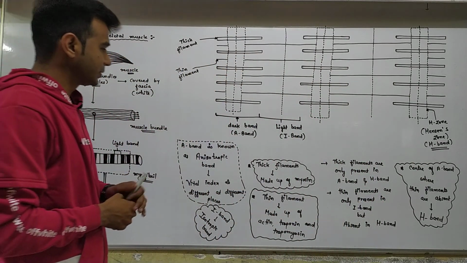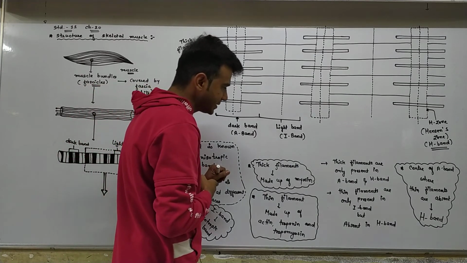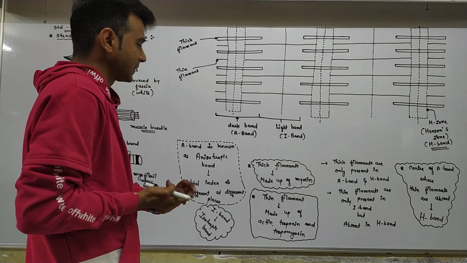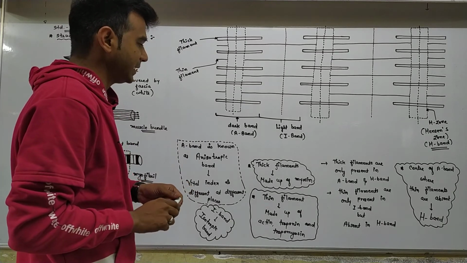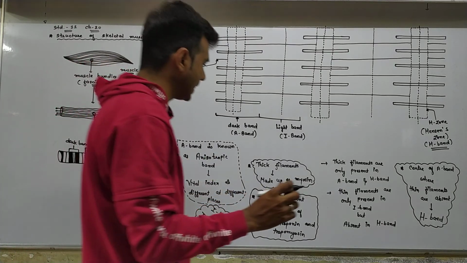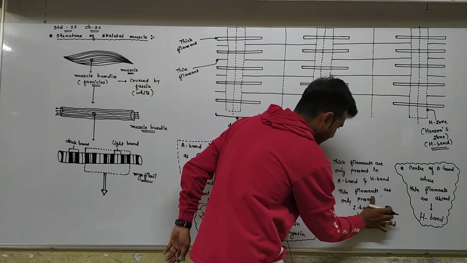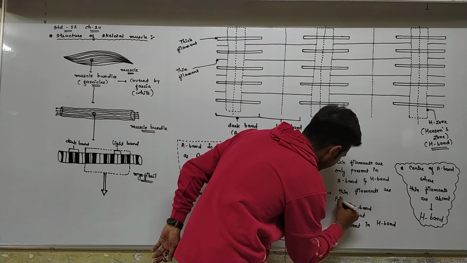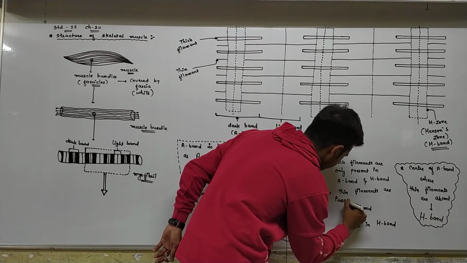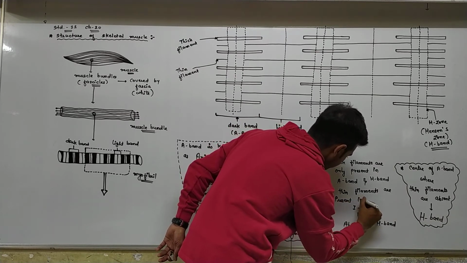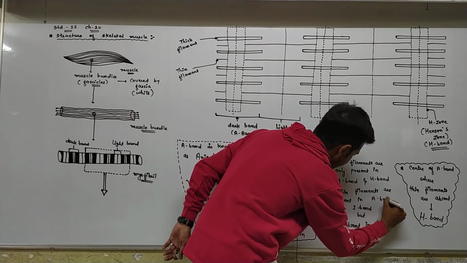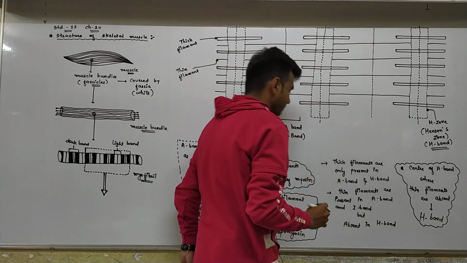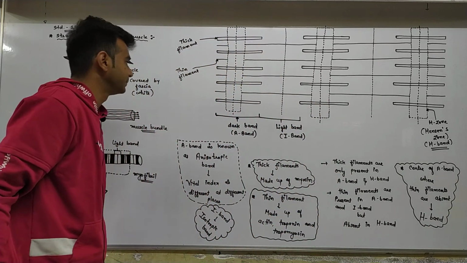Okay, so here I had made a mistake: thin filaments are present in the A band as well as the I band. Thin filaments are present in the A band and I band, but absent in the H band.